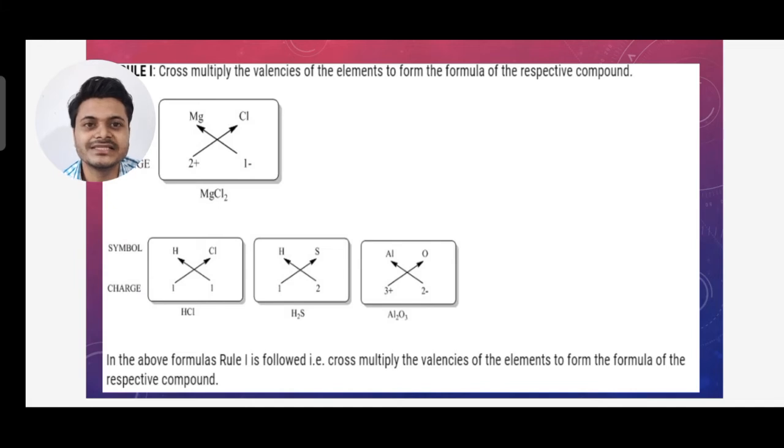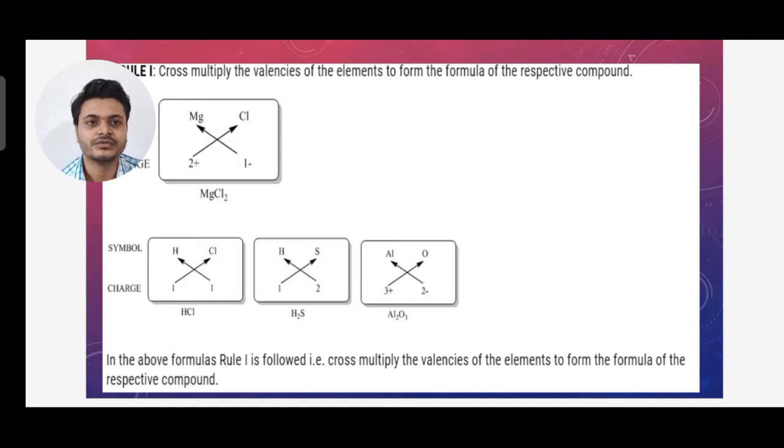Next you can see HCl. H is given, Cl is there, both are 1 and 1, that's why we write HCl. Next we have H2S, hydrogen sulfide. Hydrogen is 1 and sulfur is 2, so cross multiplication results in H2S. Next is aluminum oxide.